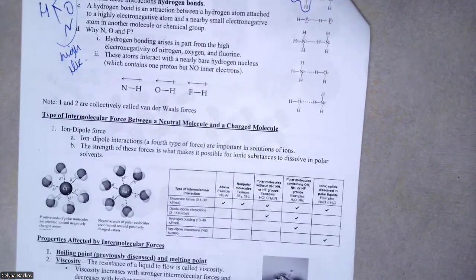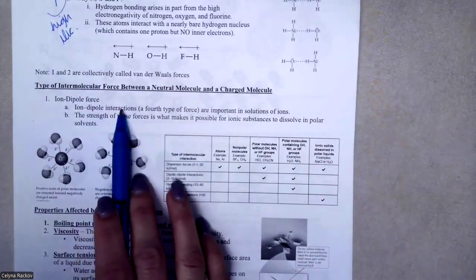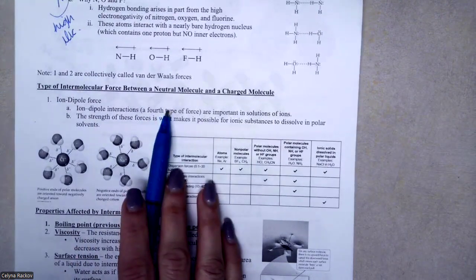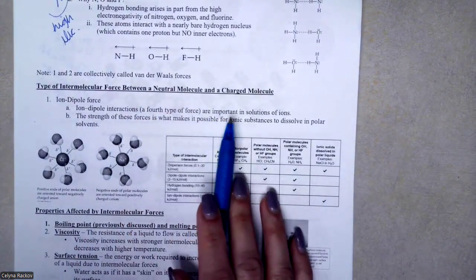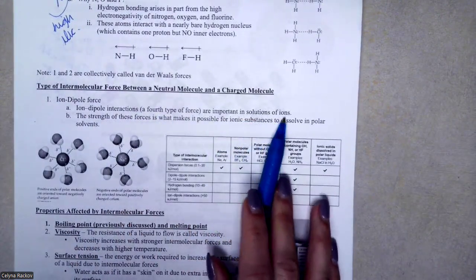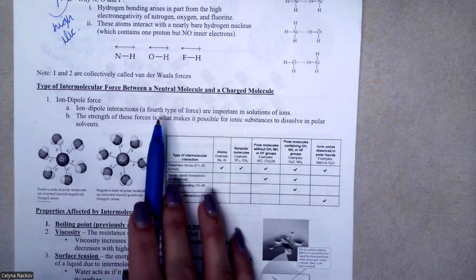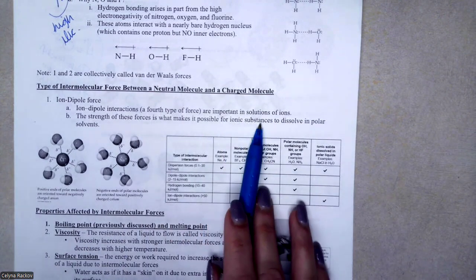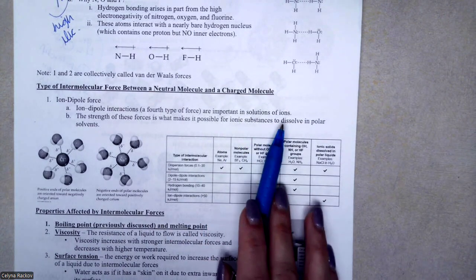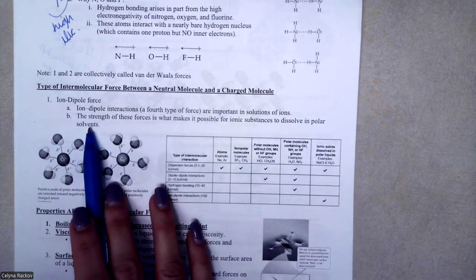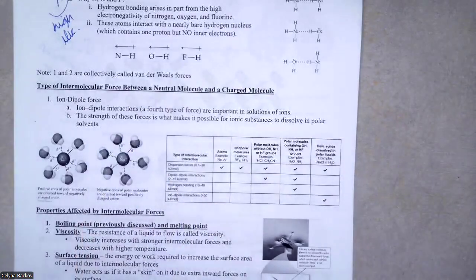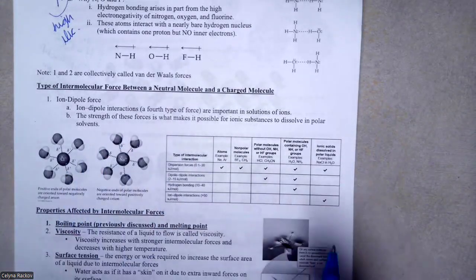And the last kind of intermolecular force here is the ion-dipole force. The ion-dipole interaction is the fourth type of force that is important in solutions of ions. The strength of these forces is what makes it possible for ionic substances to dissolve in polar solvents. So, for example, we have sodium chloride.